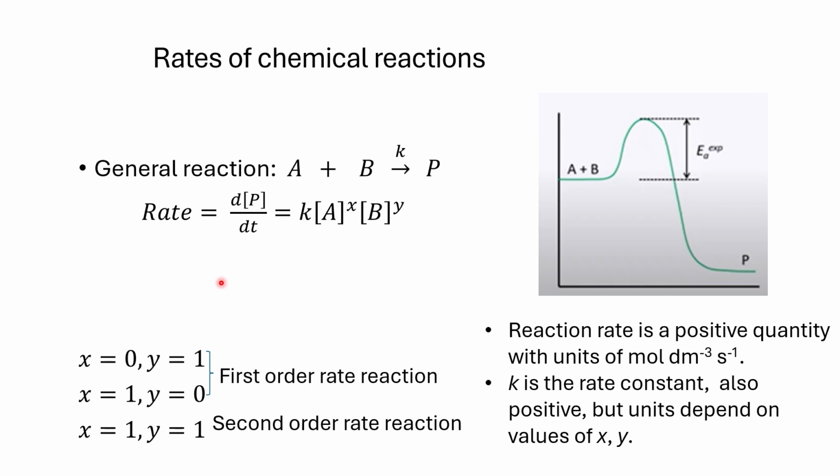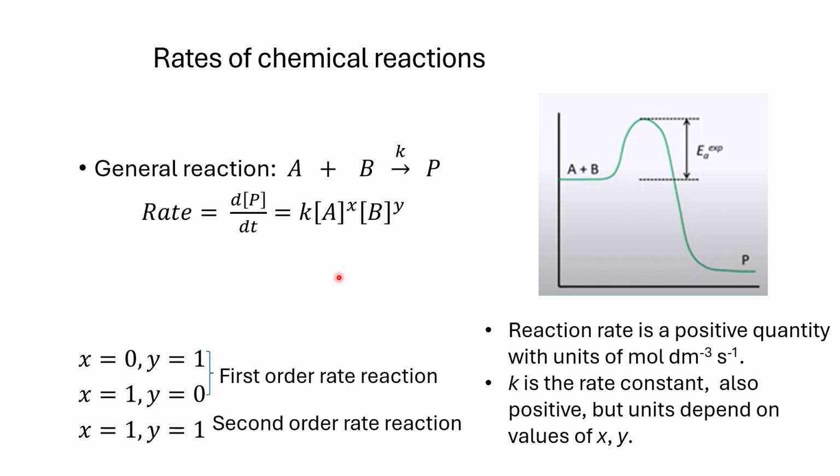For a general rate law, as you can see from these expressions, the rate equals K multiplied by the concentration of A to the power of x multiplied by the concentration of the reactant B to the power of y. x and y are the orders of the reaction.